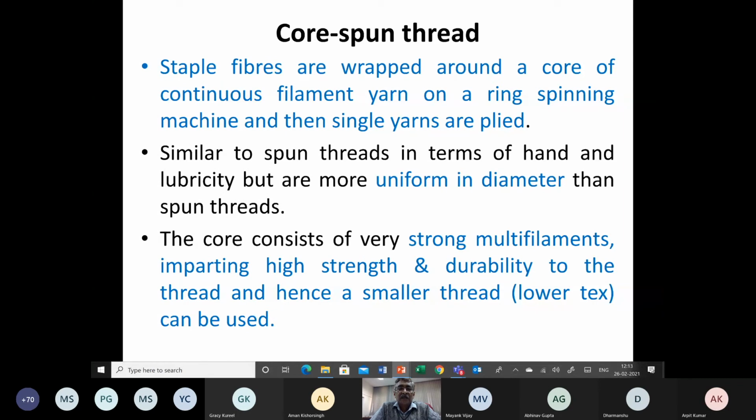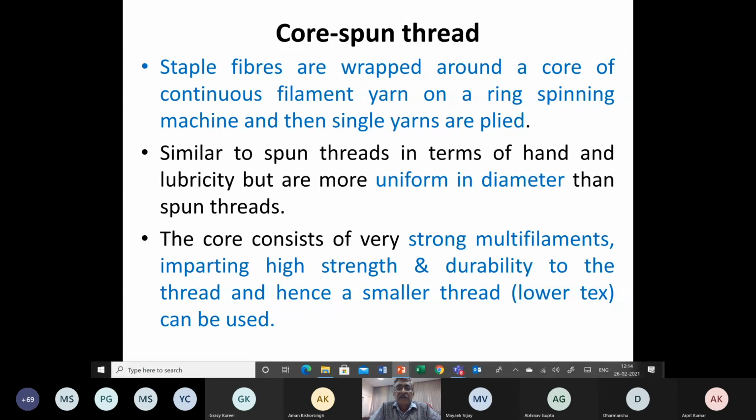And another, the most important aspect of the core spun thread, is that they are very strong, because we use strong high tenacity multi-filaments. We always use high tenacity polyester filaments, and they give the required strength and also durability to the thread. So for the same tex, the core spun thread has more tenacity than the spun thread.